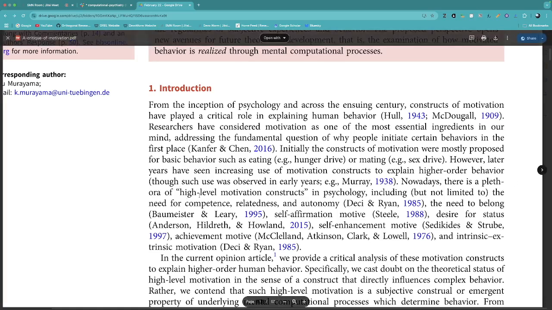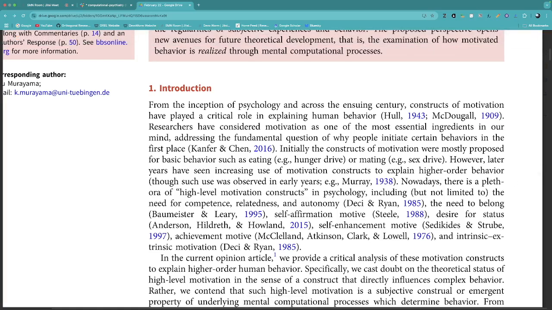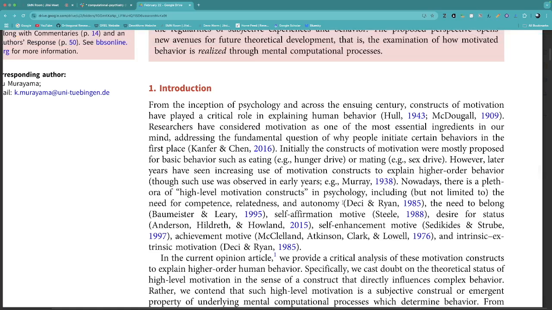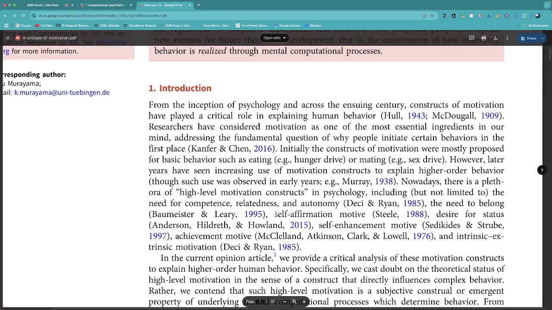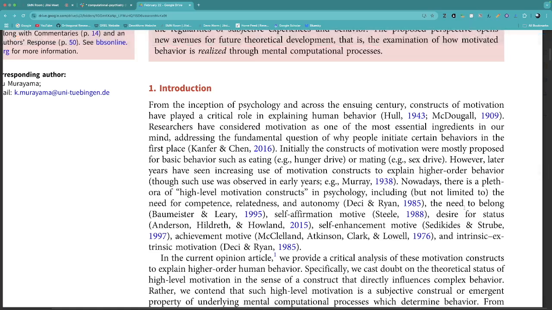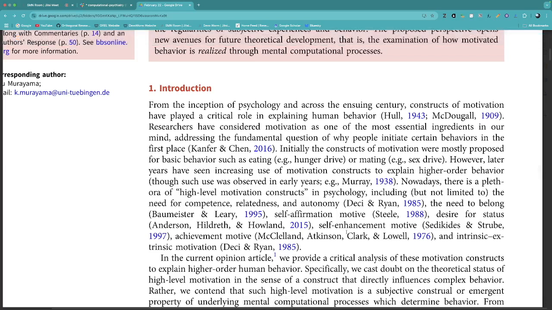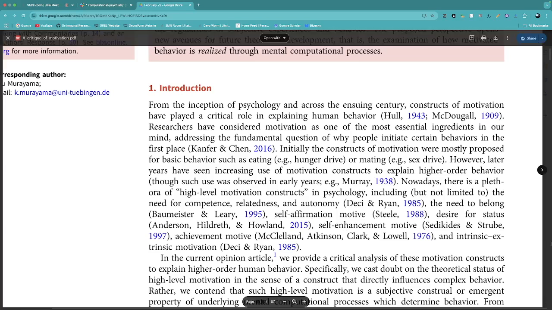Nowadays, there is a plethora of high-level motivation constructs in psychology, including but not limited to the need for competence, relatedness, and autonomy, the need to belong, self-affirmation motive, desire for status, self-enhancement motive, achievement motive, and extrinsic motivation.